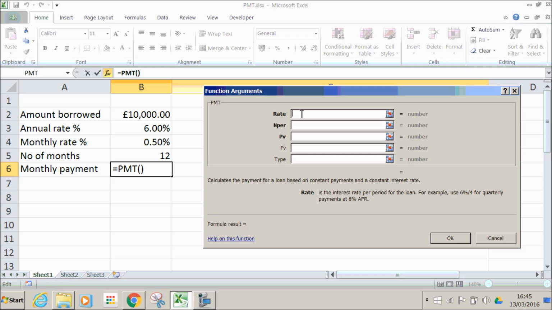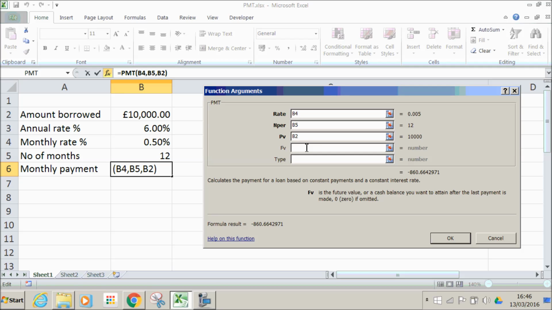The rate will be the monthly rate in this case, so that will equal the value in cell B4. The number of periods is 12, which is the value in B5. The present value is the amount of money that's been borrowed, so that's the number in B2.